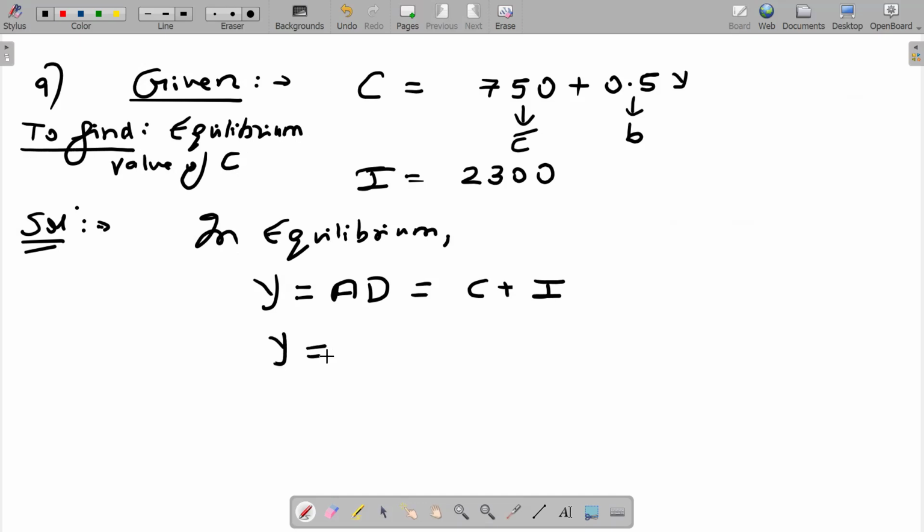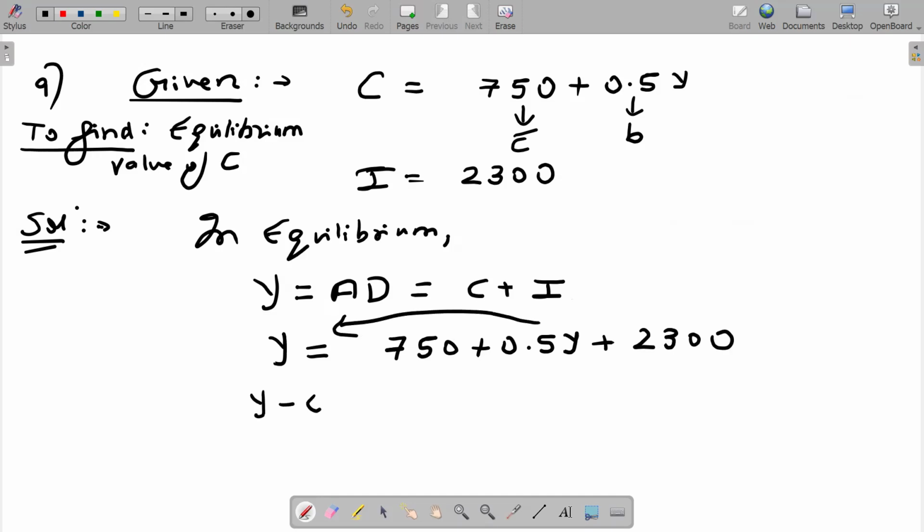So Y is equal to how much is C? 750 plus 0.5Y. How much is I? 2300. If I take 0.5y to the side, y minus 0.5y is equal to how much is 750 plus 2300? Let's solve that. Comes out as 3050.